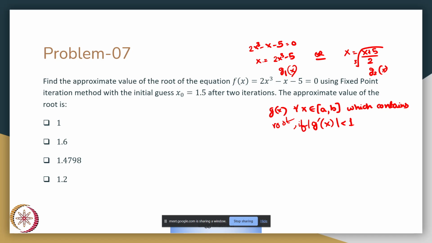Then if the modulo of g dash of x is less than 1, it means that our solution will converge to the fixed point.